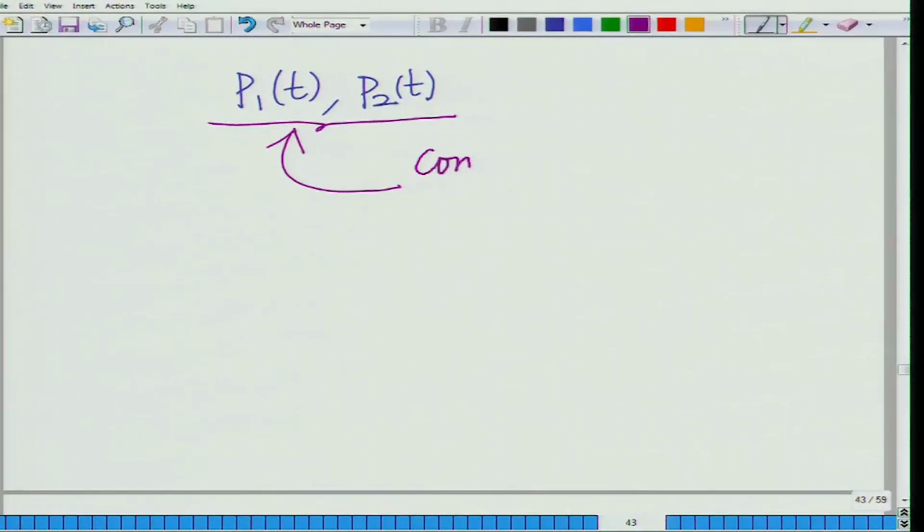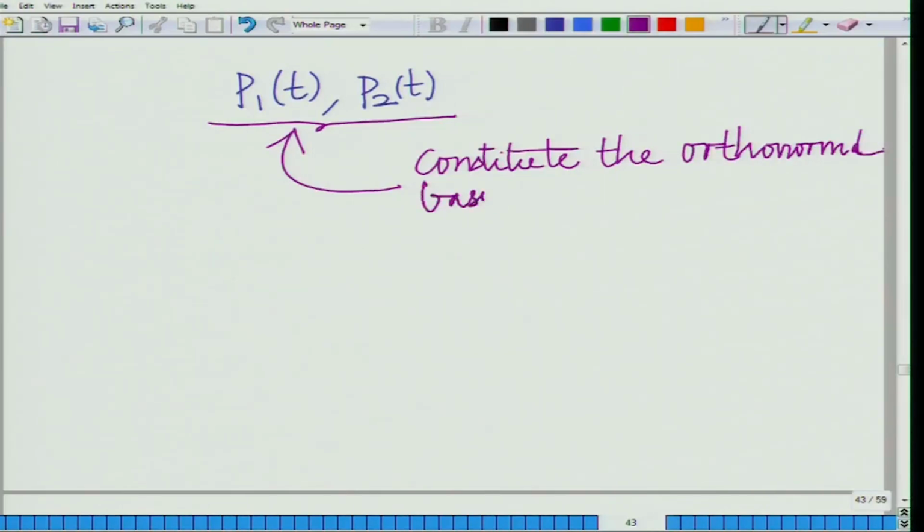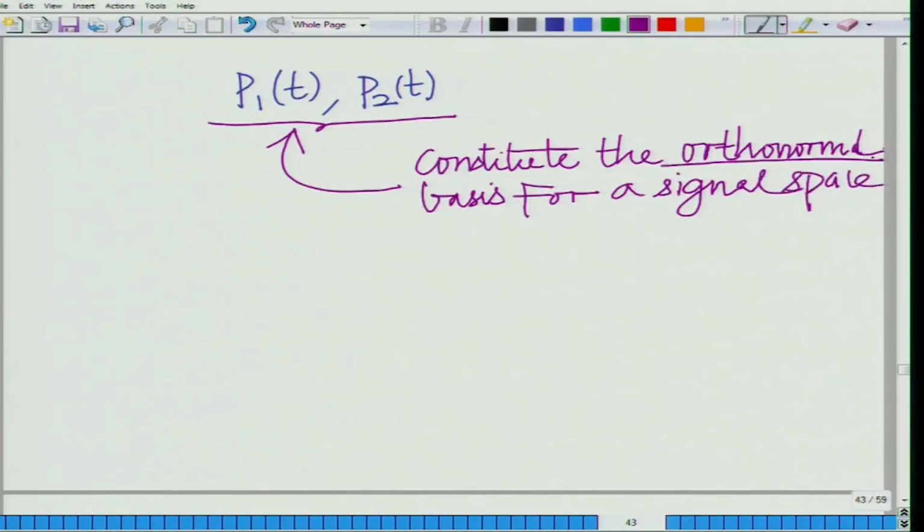They constitute not just any basis, they constitute what is known as an orthonormal basis for a signal space. The key word here is orthonormal.